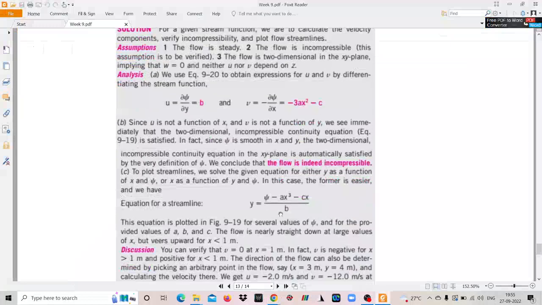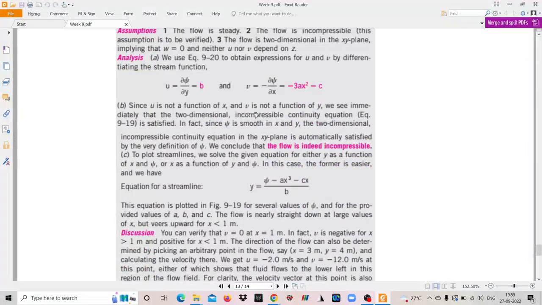Now from the given expression we can see that u is basically equal to a constant, so u is not a function of x and v is not a function of y. We immediately see that the two-dimensional incompressible continuity equation is satisfied. How?